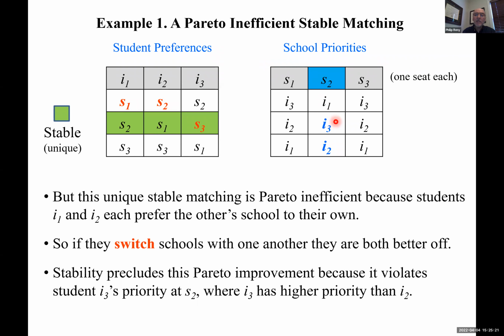Indeed, notice that student 3 has priority over student 2 at school 2. So student 3's priority is violated here because there's a student at school 2 who has lower priority than student 3, and student 3 prefers school 2 to her assigned school. So that's the problem. We try to make a Pareto improvement and it's some other student, not involved in the Pareto improvement, whose priority would be violated. And that's preventing the Pareto improvement from being made.